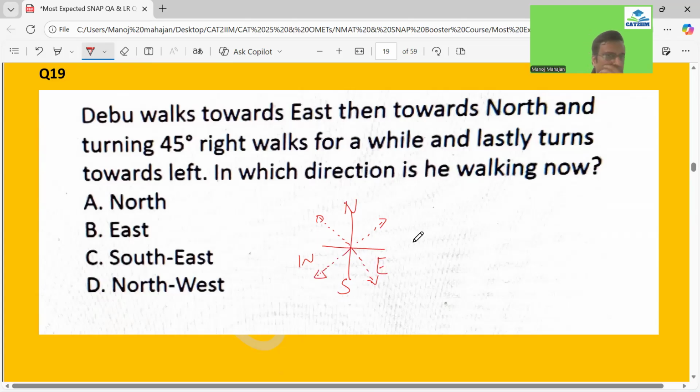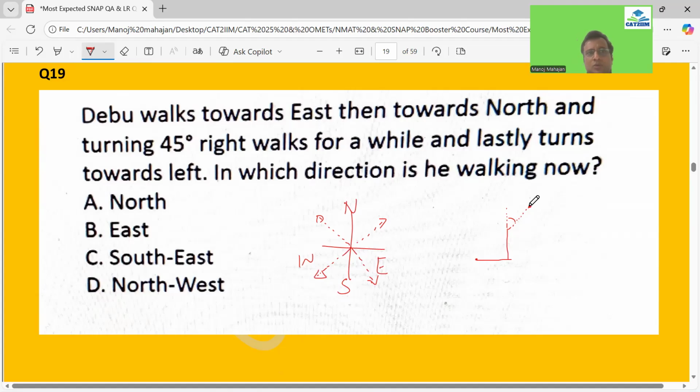So what is given is Debu walks towards east. So let's say somewhere Debu is standing. So he walks east, then towards north, right? And then turning 45-degree right. So clockwise, if I look over here, would be right in this case. So 45-degree would be somewhat this. Okay. So he is over here right now.